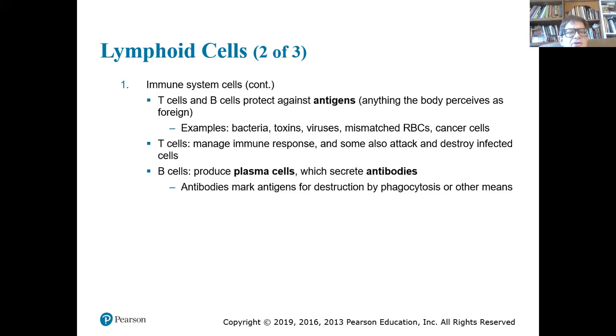Okay, so your immune system cells, T cells and B cells, protect against antigens. Remember, an antigen is anything that can generate an immune response, meaning convince your body that that doesn't belong. An antibody is part of the body's immune system. The antibody not only belongs, it helps you fight.